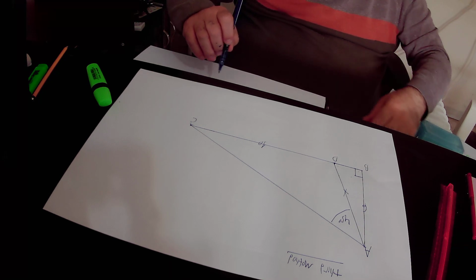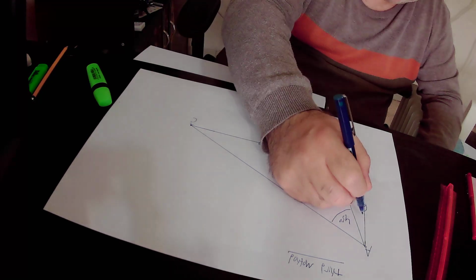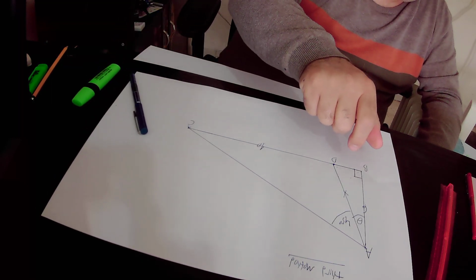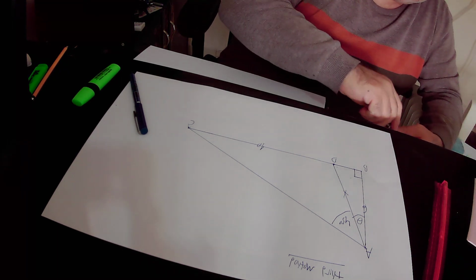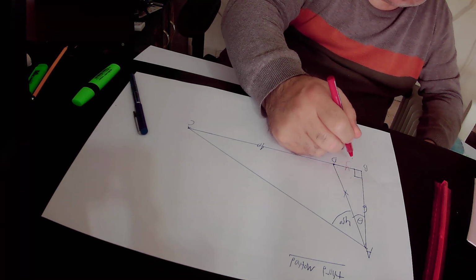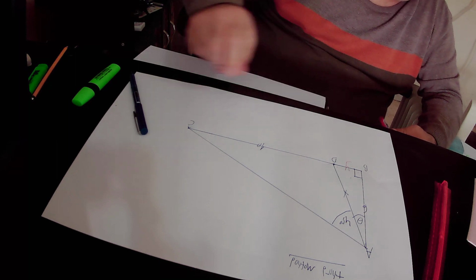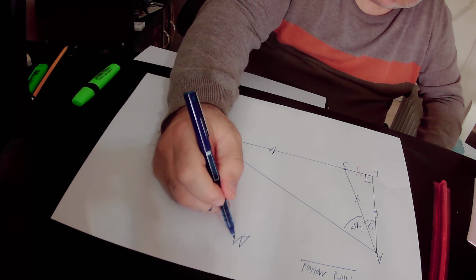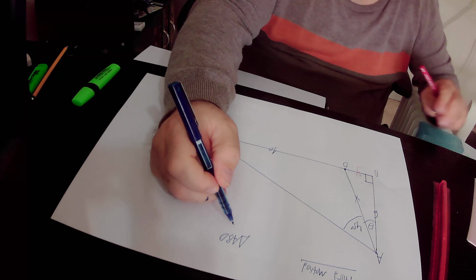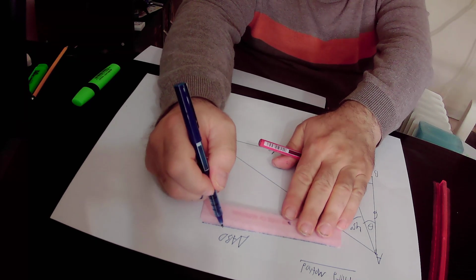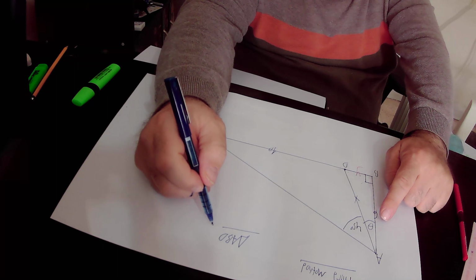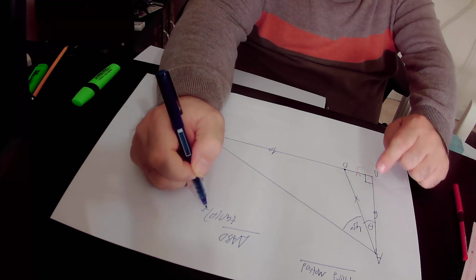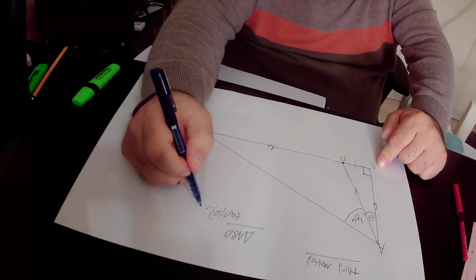In the third method, we'll define angle BAD as theta, and we will define side BD of the right triangle ABD as y. So in the right triangle ABD, we know that tangent theta is equal to BD over AB.